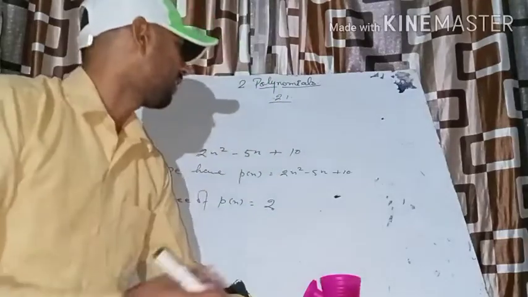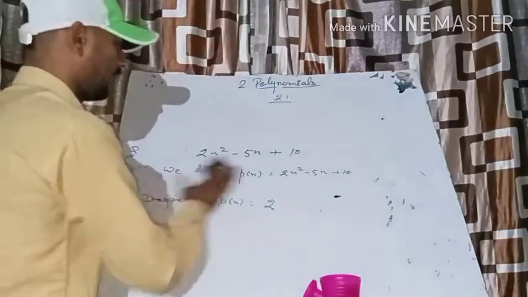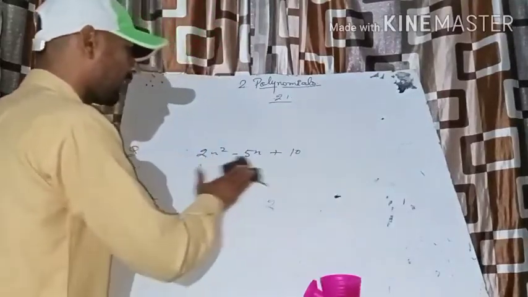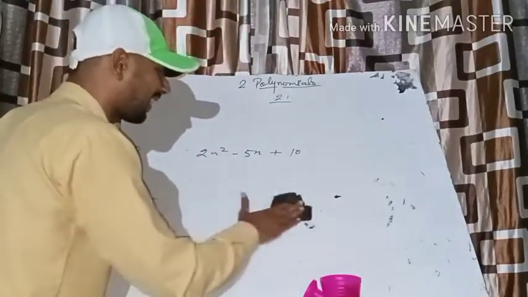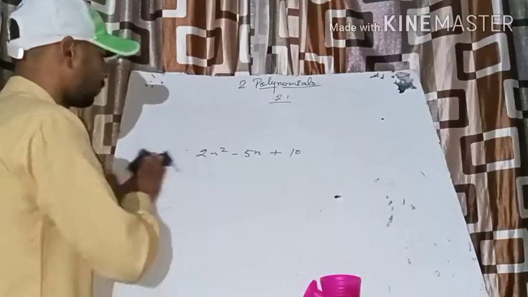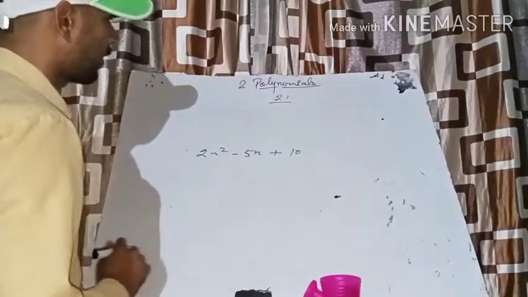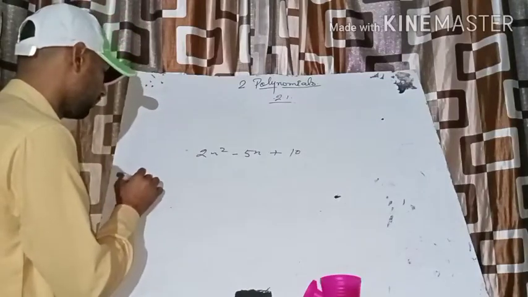Okay, and in the next question there will be an algebraic expression. From that algebraic expression you have to categorize which kind of algebraic expression is given in this question. Now which kind of algebraic expression is this? Yes, it's your trinomial.